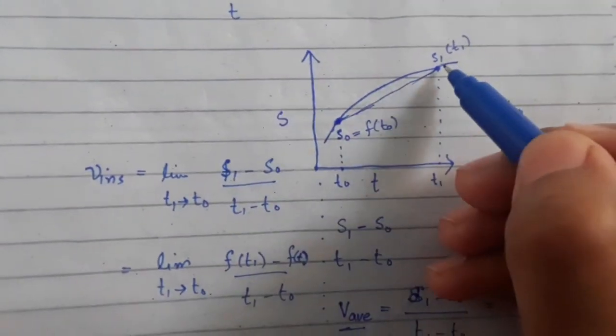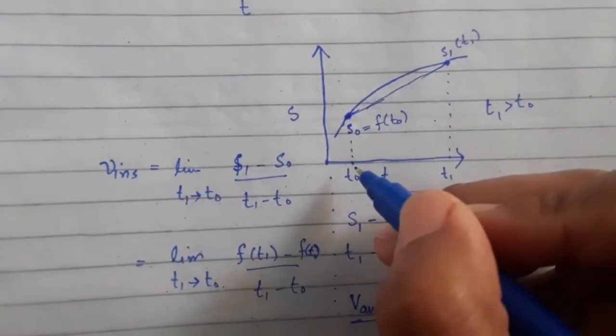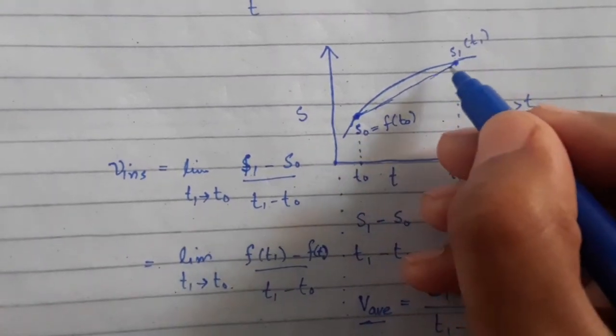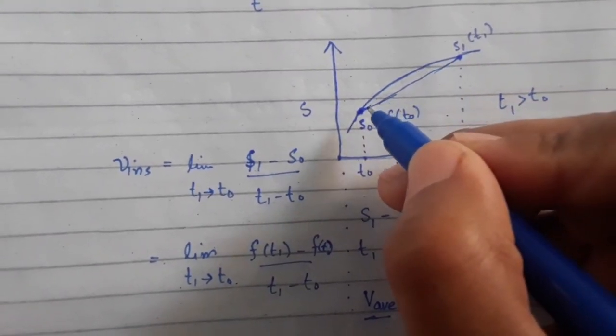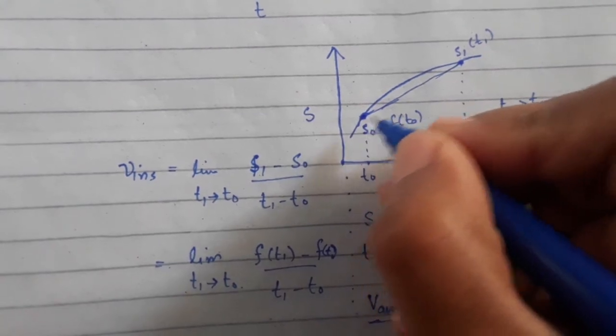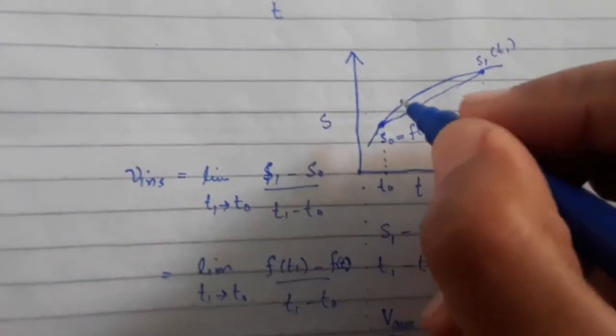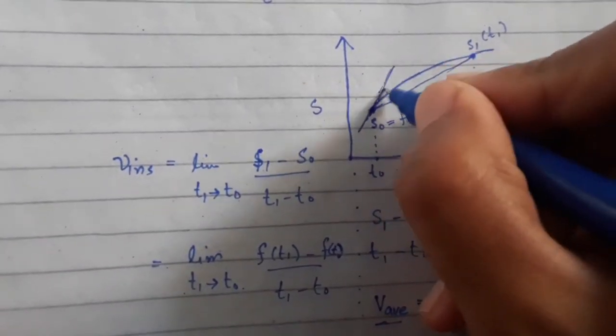Because when we were approaching, t1 was trying to approach t0, this point s1 was coming closer and closer to s0. The secant line turned into a tangent line.